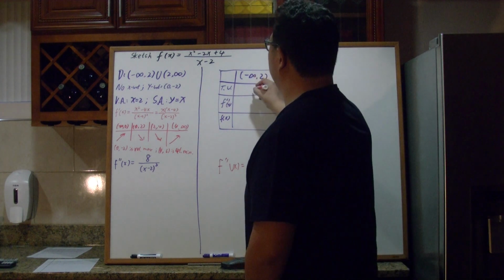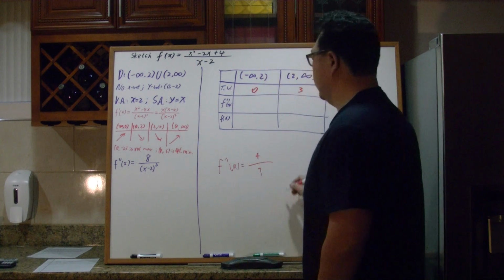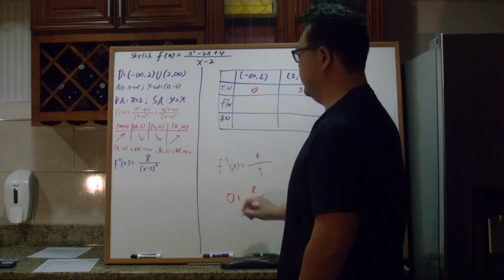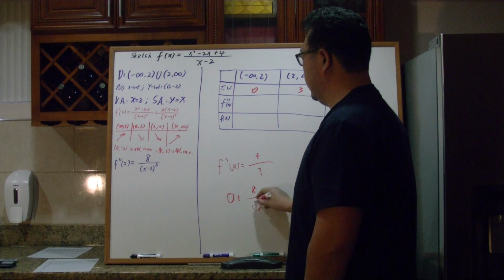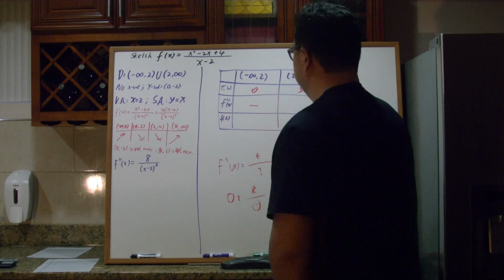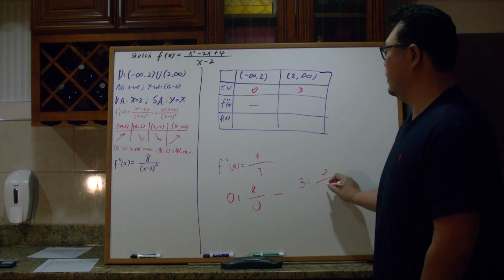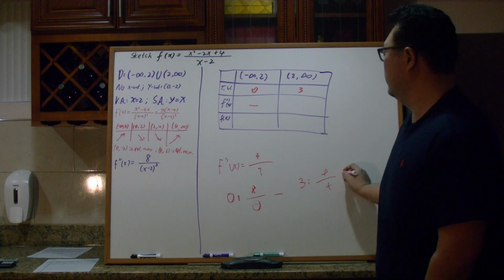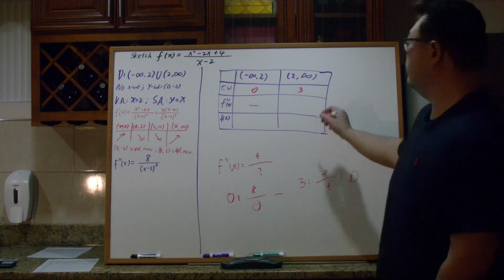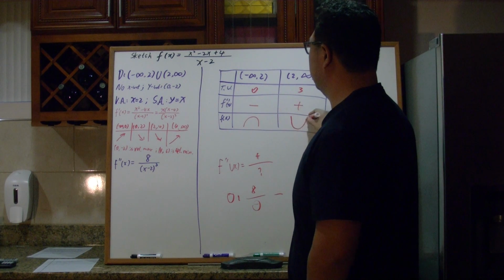If we put a 0 here, the denominator is 0 minus 2, which is negative 2, to the third power is negative, so in total that's negative. For 3, oppositely, that is a positive number divided by a positive number, which is positive. Therefore, we get concave down and concave up.